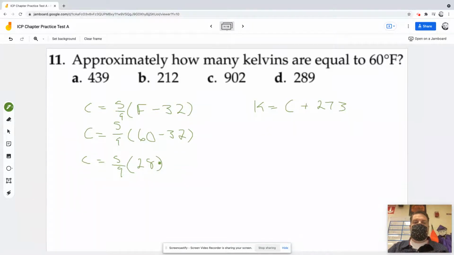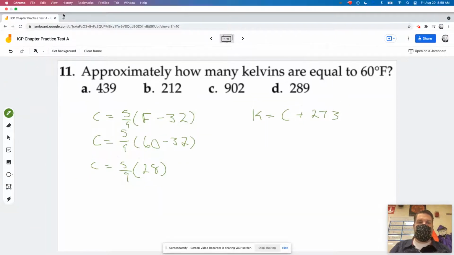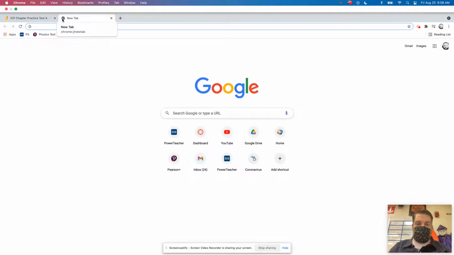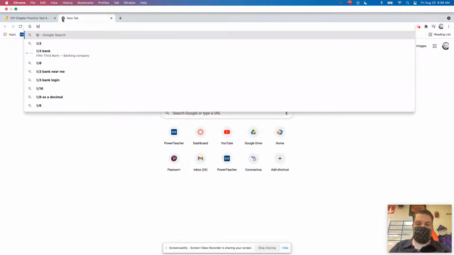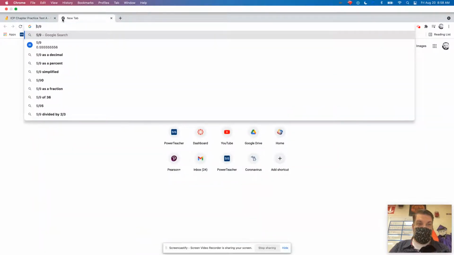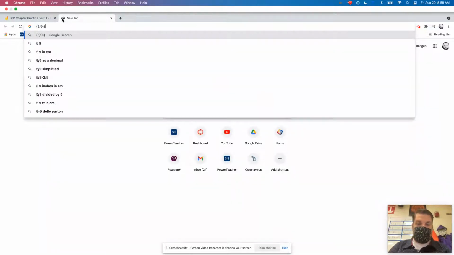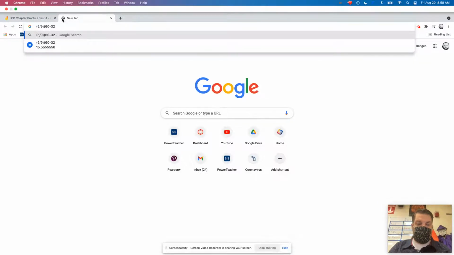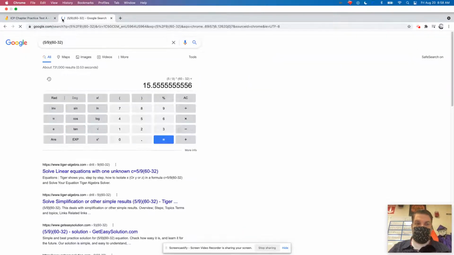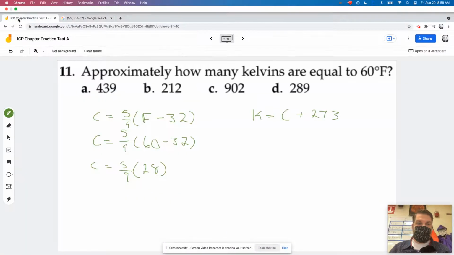So now I got to multiply 28 by 5 and then see what that is as a decimal. So I'm just going to plug this in my calculator. So I'm going to say 5 divided by 9. I got to put it in parentheses. Times, I'm just going to plug in 60 minus 32, close the parentheses. And I get 15.5 repeating. Okay.